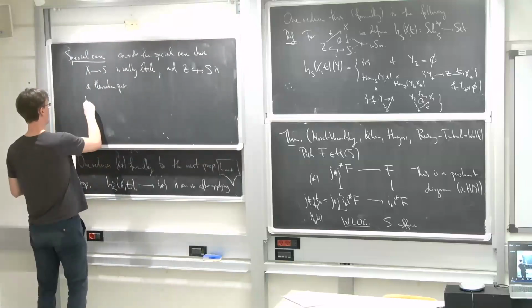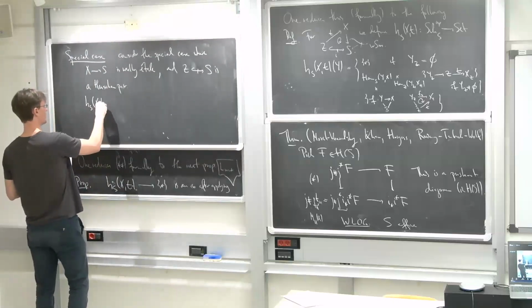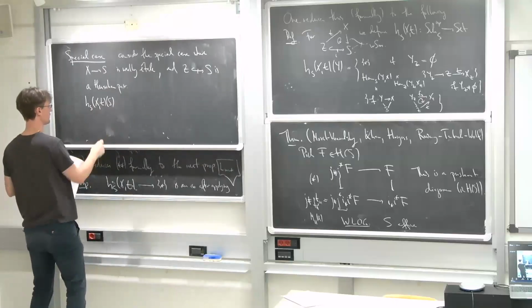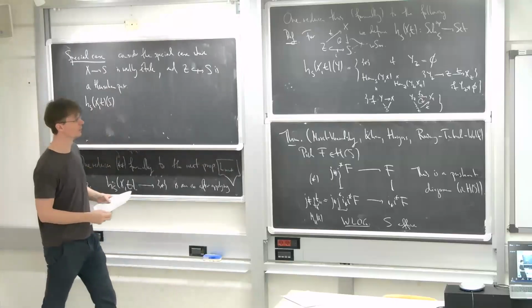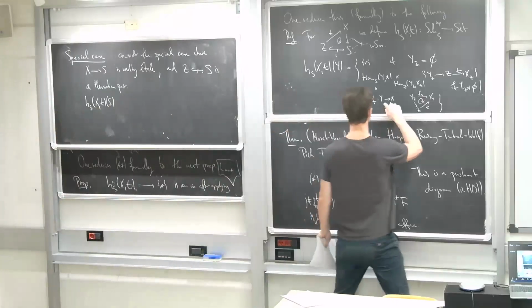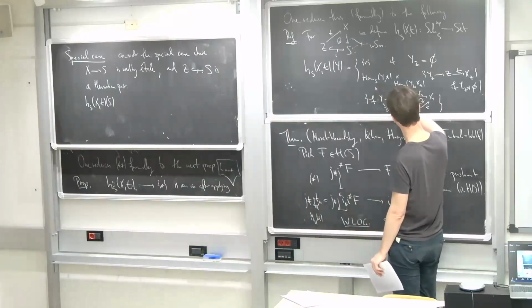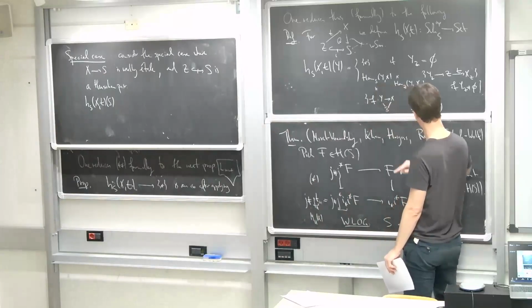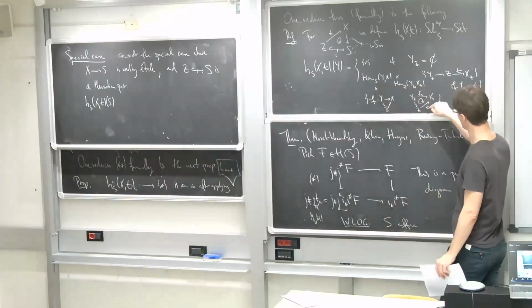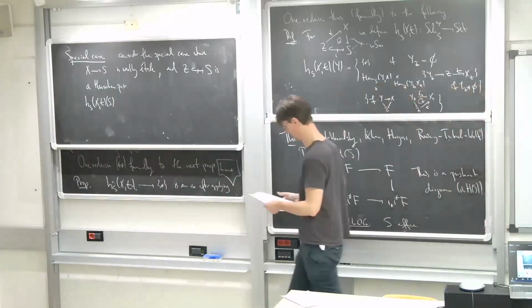So HS of X, T of S. Let's evaluate it on the base scheme. So Y is equal to S now. We are talking about sections of the map from S into X, such that this is the case here.